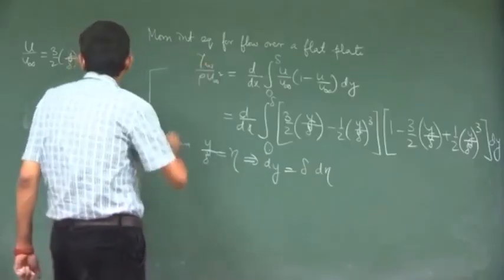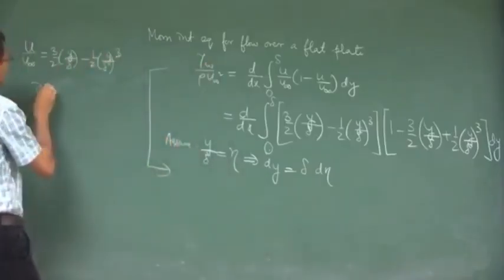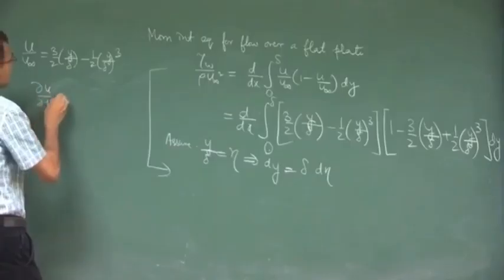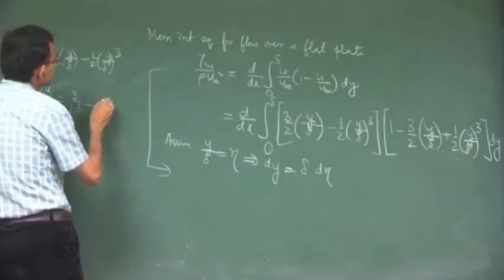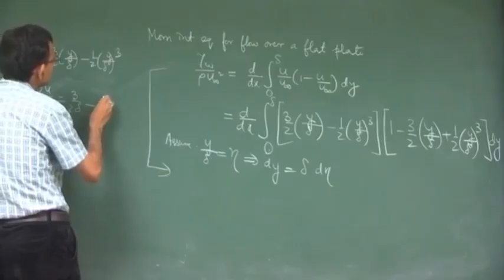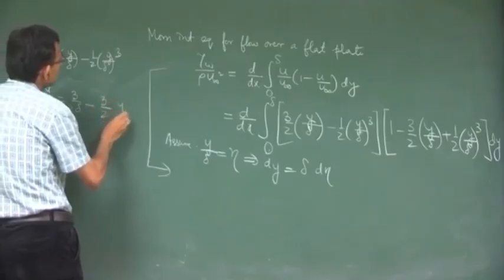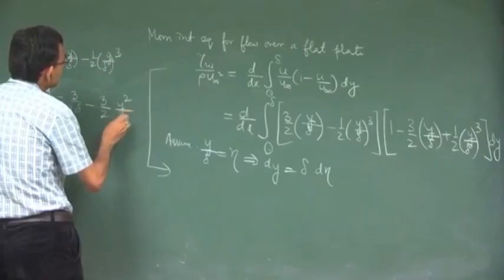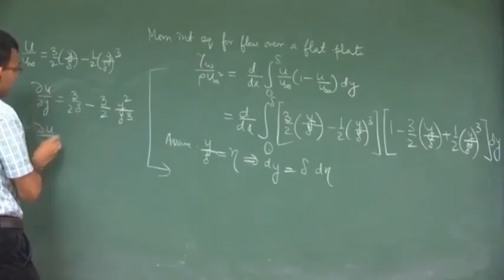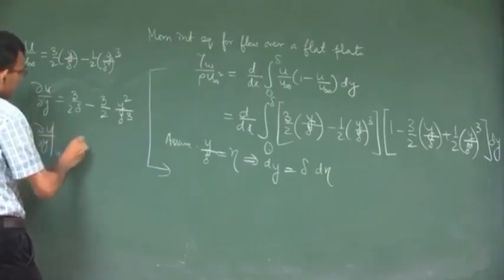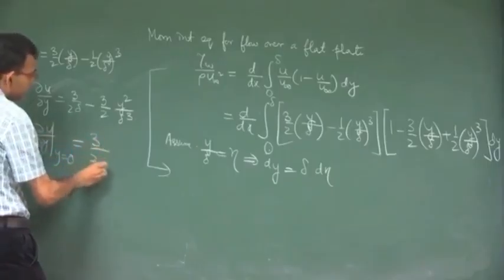So, what is tau wall? So, del u del y at y is equal to 0 is 3 by 2 delta.